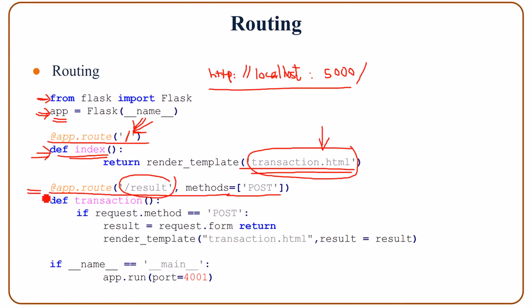This route binds or maps this URL result, or in full it is something like this: http slash localhost colon 5000 slash result.